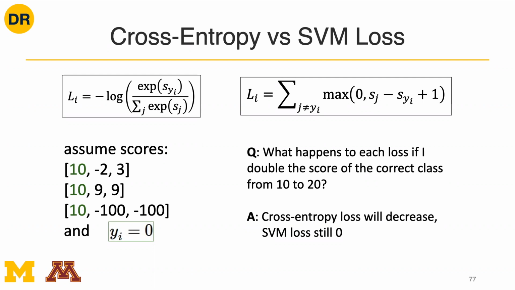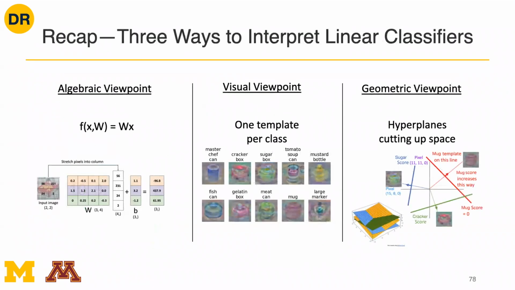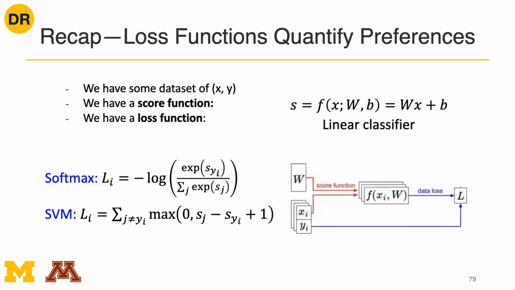Okay, to recap, we're almost at the end of today's lecture. We talked about the algebraic viewpoint of the linear classifiers. We saw how we can visualize the weights. We also saw the geometric viewpoint of the linear classifiers being hyperplanes in higher dimensional space. And we looked at two different loss functions.